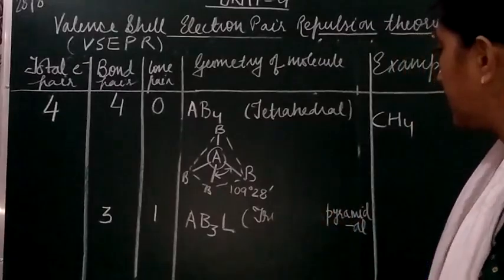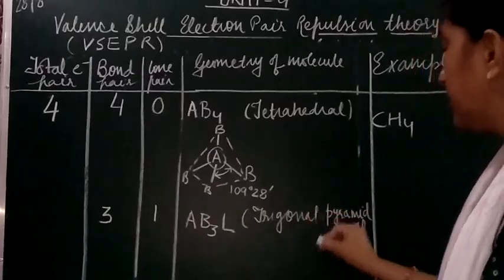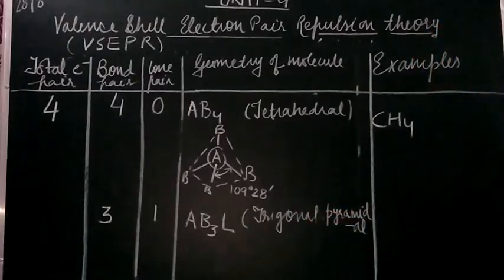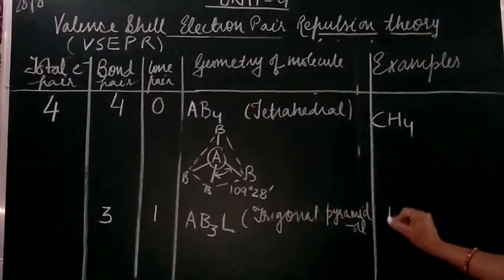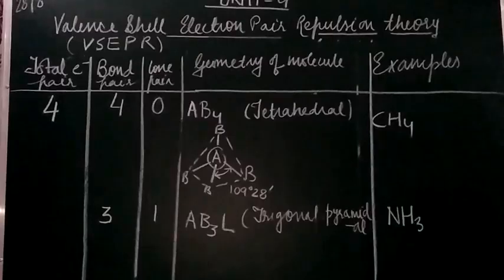So get it written as trigonal pyramidal. And here we have an example of ammonia, NH3, which has a pyramidal shape.